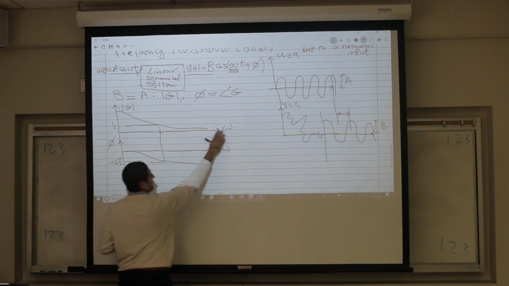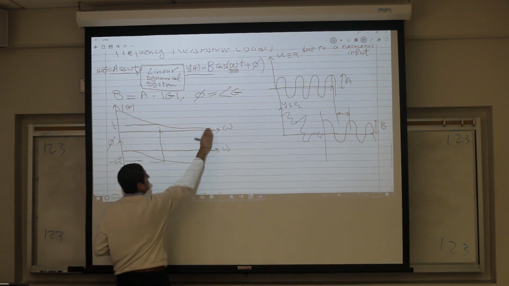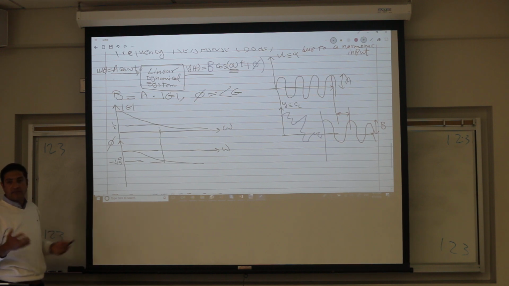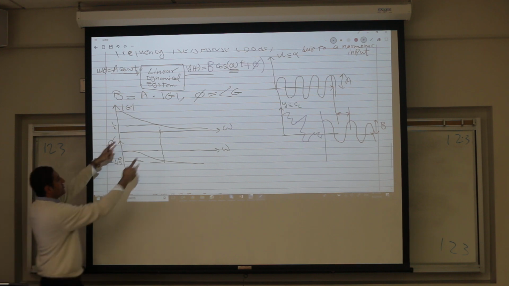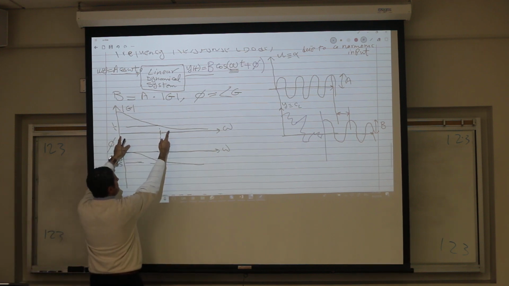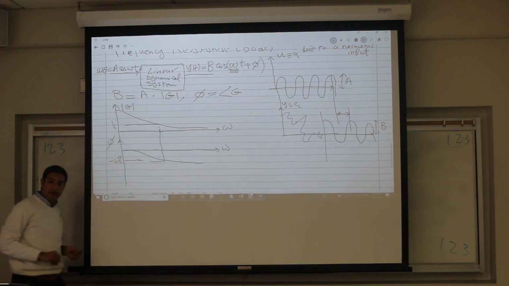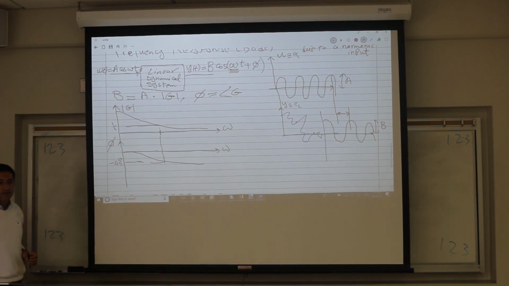So the higher the frequency, the lower the magnitude that you will get. Okay? And this invokes the definition of the bandwidth. What's the bandwidth? It is the range of frequencies over which you consider your system satisfactory, beyond which it almost gives you zero. Okay? Any question about that?